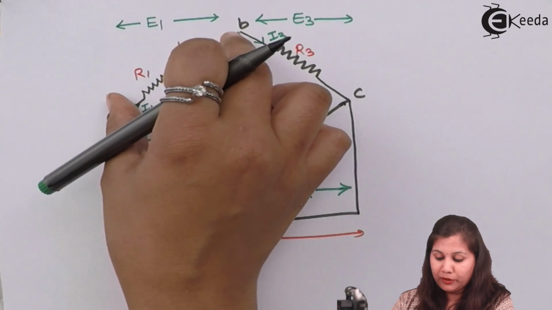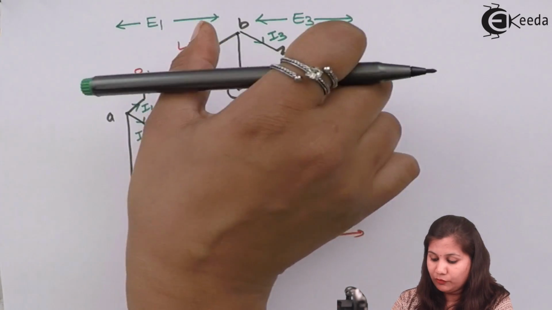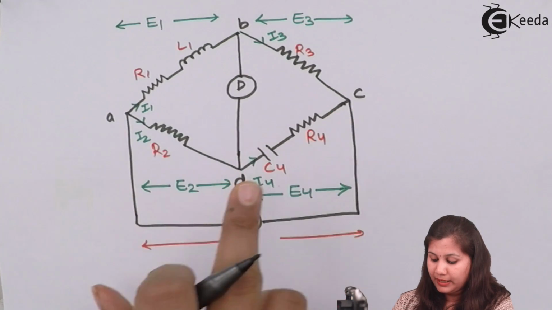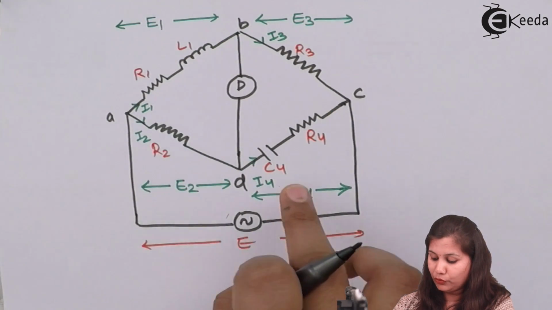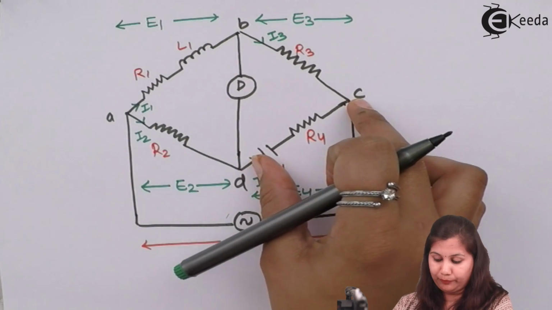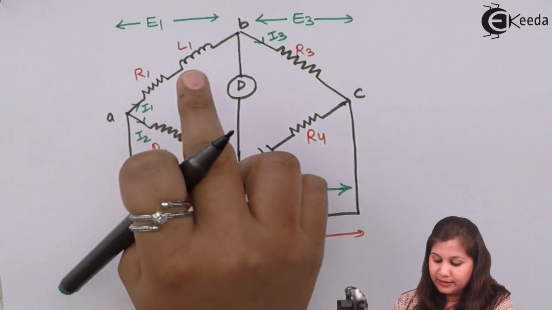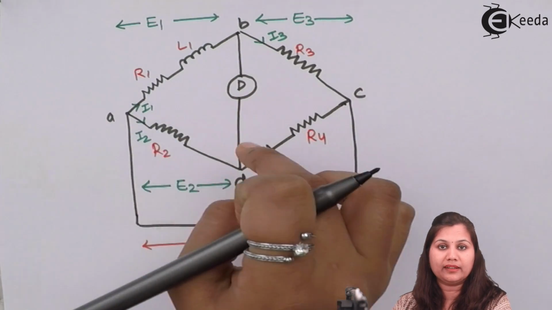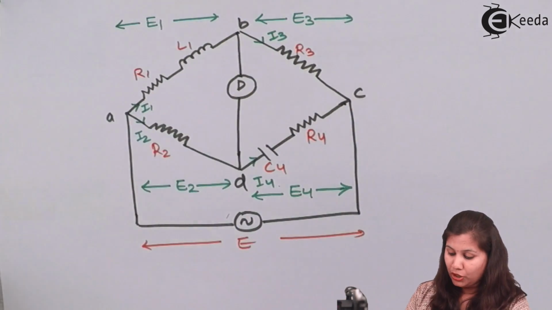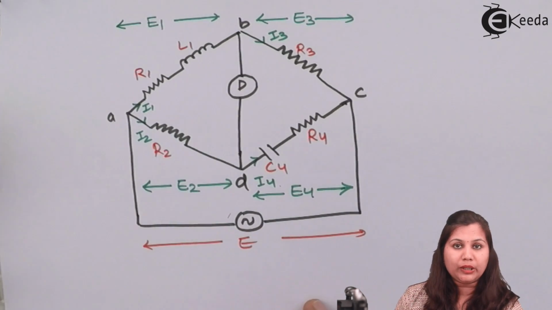E1 is the voltage drop across the AB arm, E3 across the BC arm, E2 across the AD arm, and E4 across the CD arm. I1, I2, I3 and I4 are the currents flowing in the respective arms. So this is the complete bridge network.